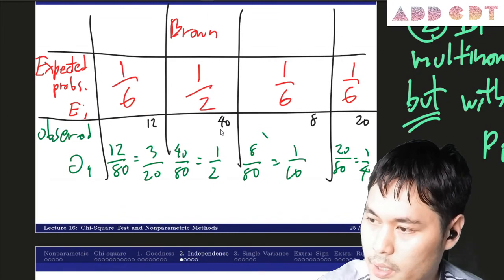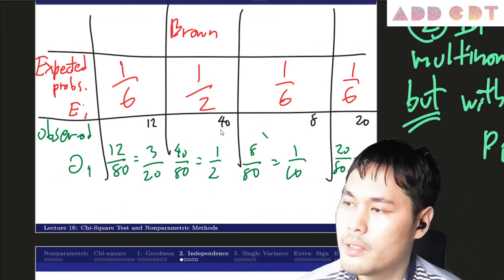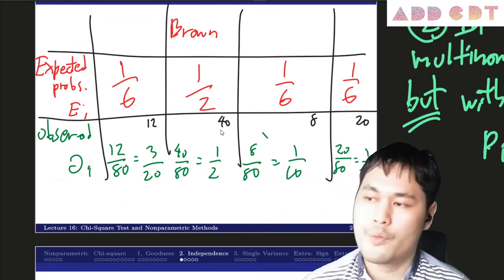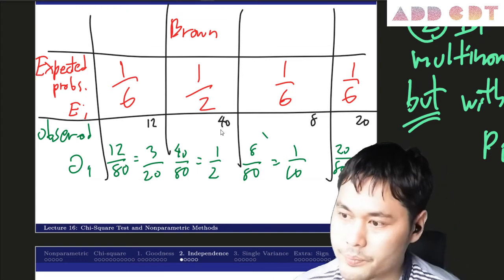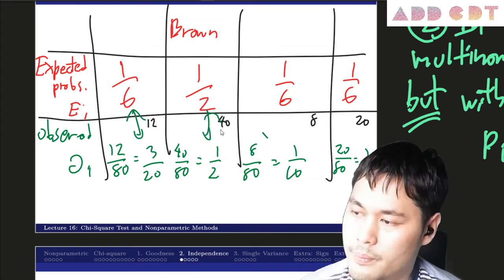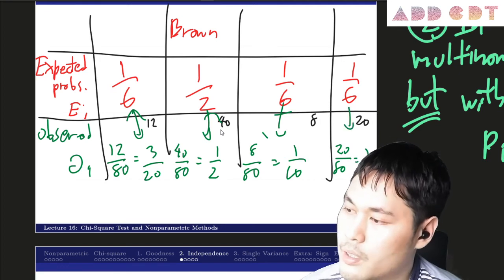So now we can compute the chi-square, like before. What is a chi-square? We take the difference for each category.